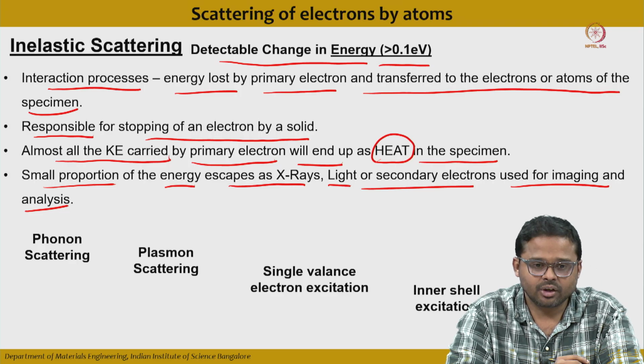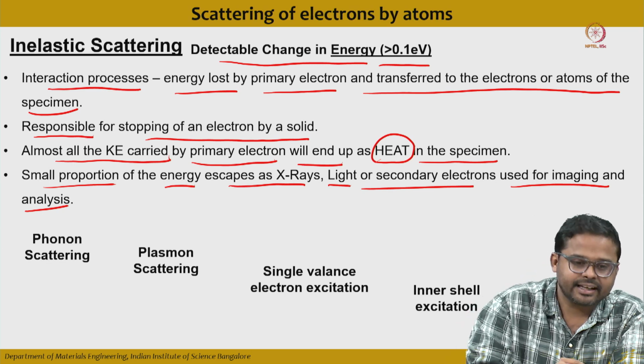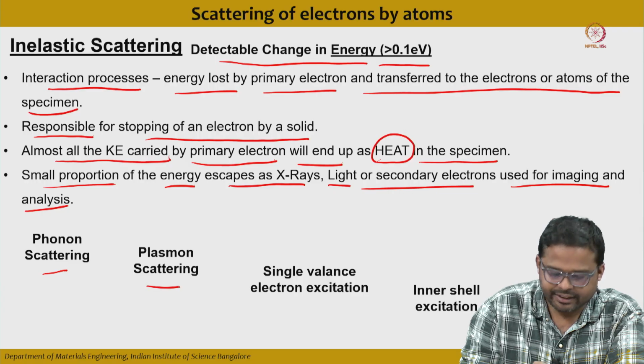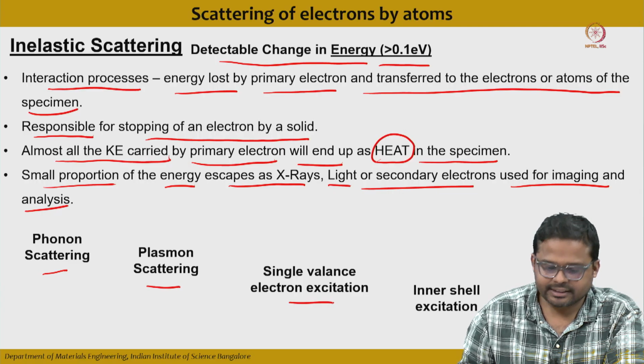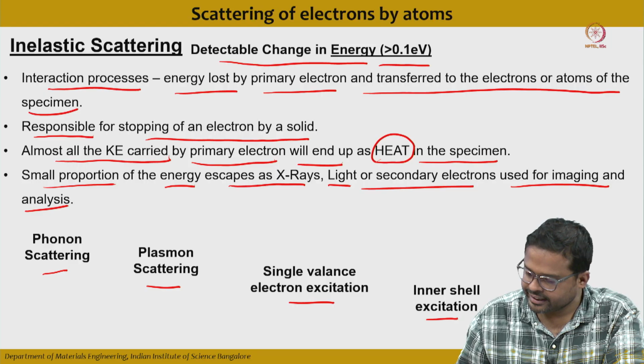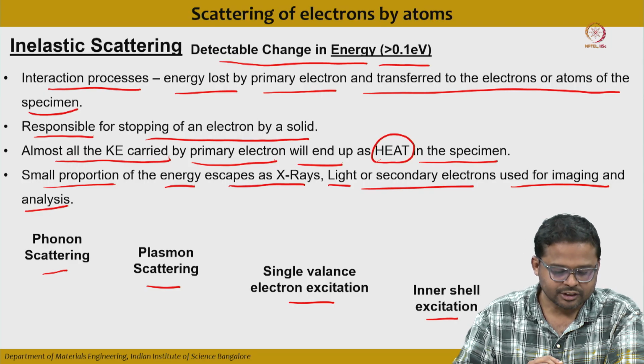Now, based on the amount of energy which is absorbed by the specimen or lost from the primary beam, you will have different types of energies which can be released. These are phonon scattering, plasmon scattering, single valence electron excitation, inner shell excitation, and complete absorption.